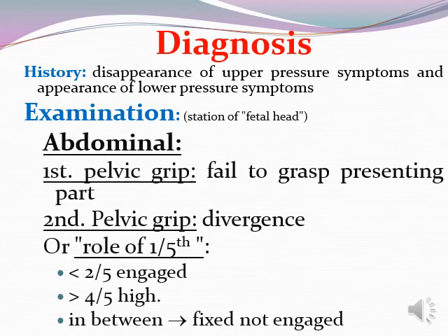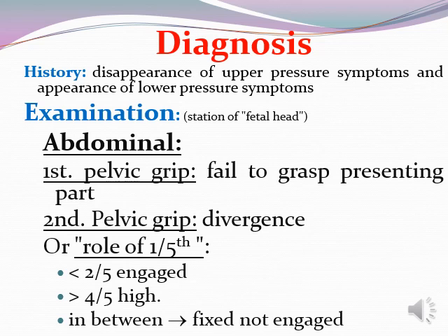How to diagnose? You can diagnose it by history, like disappearance of the upper pressure symptoms and appearance of the lower pressure symptoms. On examination, you can assess the fetal head station by abdominal exam or vaginal exam. In abdominal exam, with the first pelvic grip you will fail to grasp the presenting part because it recedes. With the second pelvic grip, you will feel divergence of your hands.